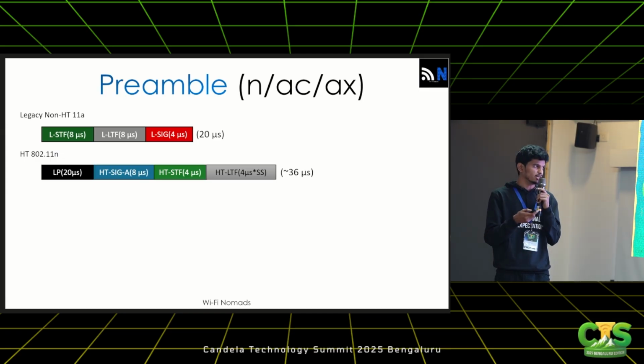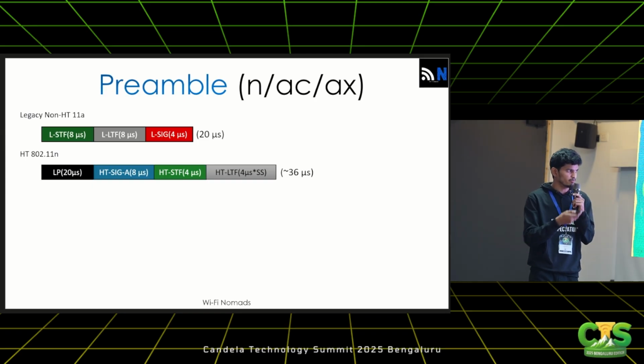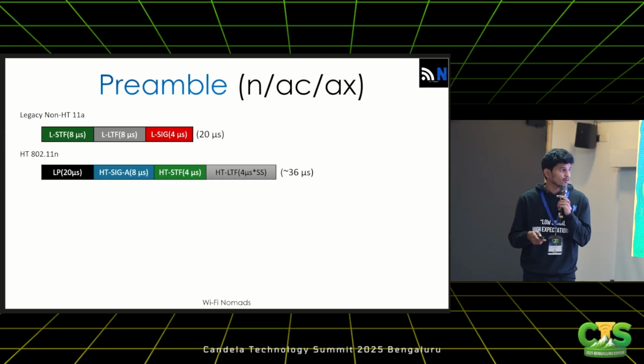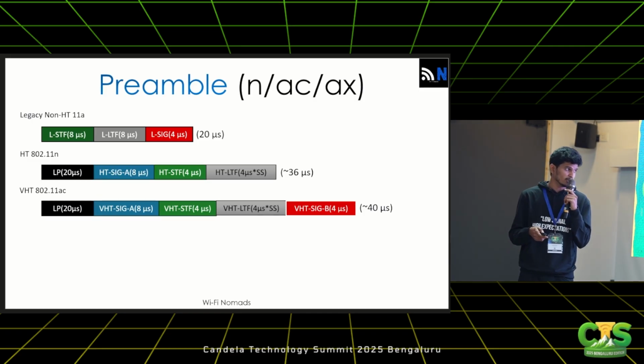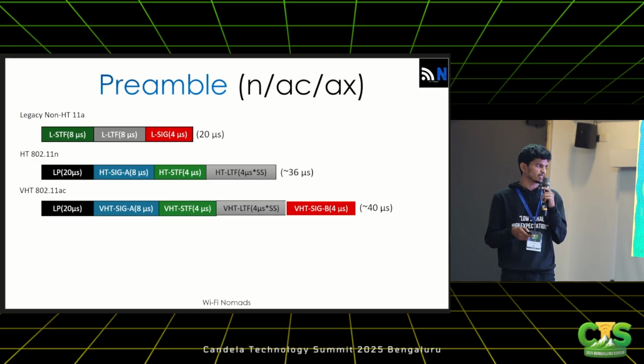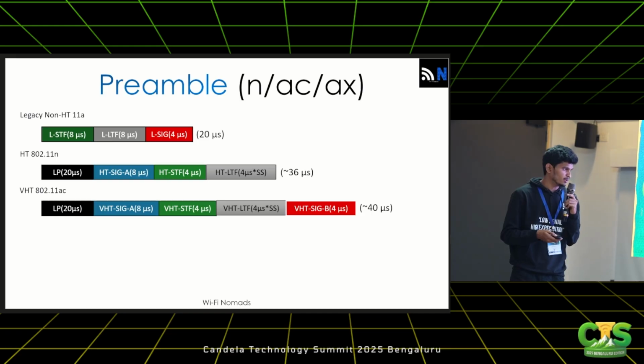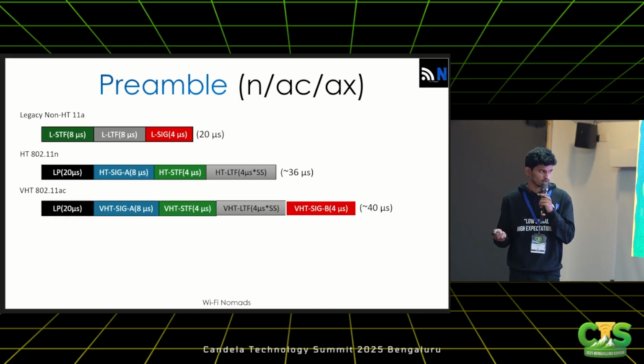Overall, it becomes 36 microseconds, which varies based on the spatial stream. In 11AC, one more field will be added, VHT-SIG-B, which adds 4 microseconds. So now it comes to around 40 microseconds overall.